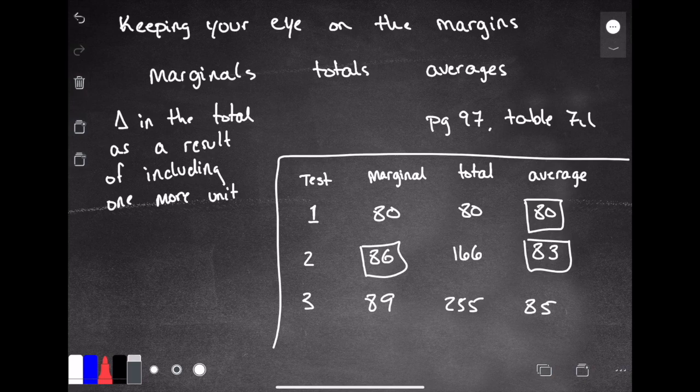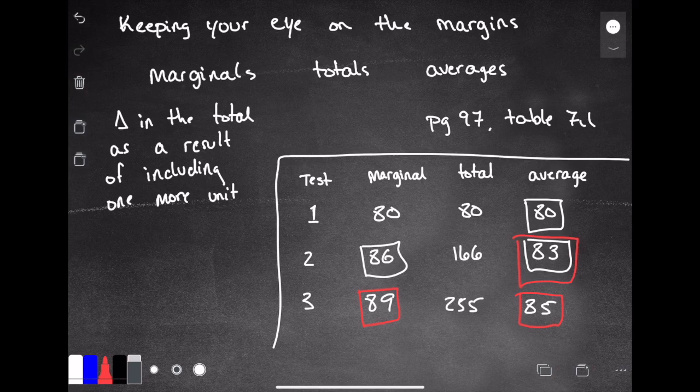So here, the marginal score of the second test was greater than our average with just one test, and so our average score increased. We could look at the 89 versus the average of 83. 89 is bigger than 83, and so our overall average score is going to continue to go up.